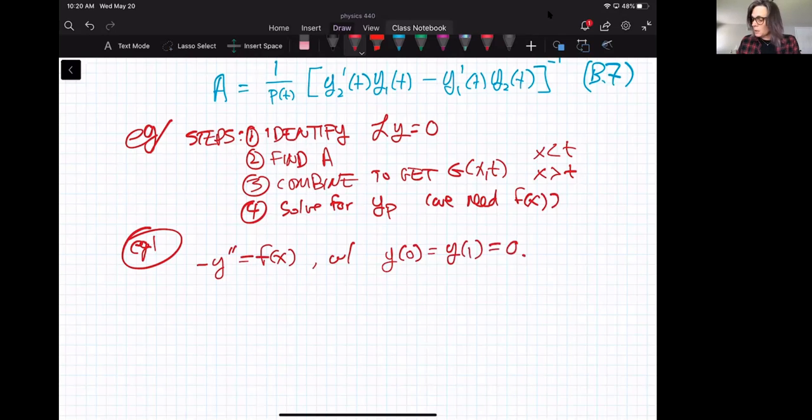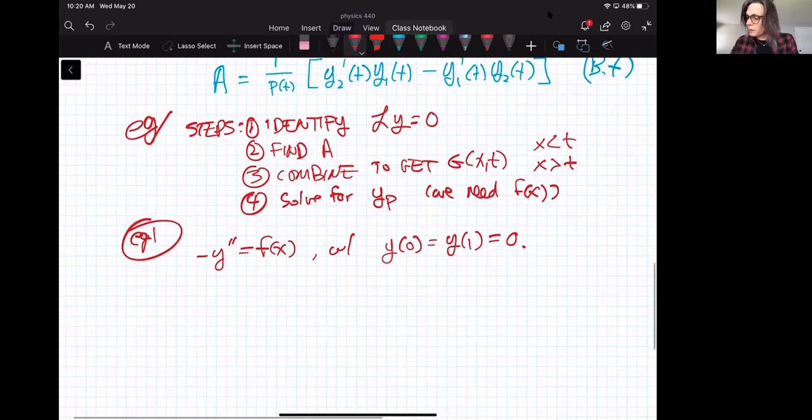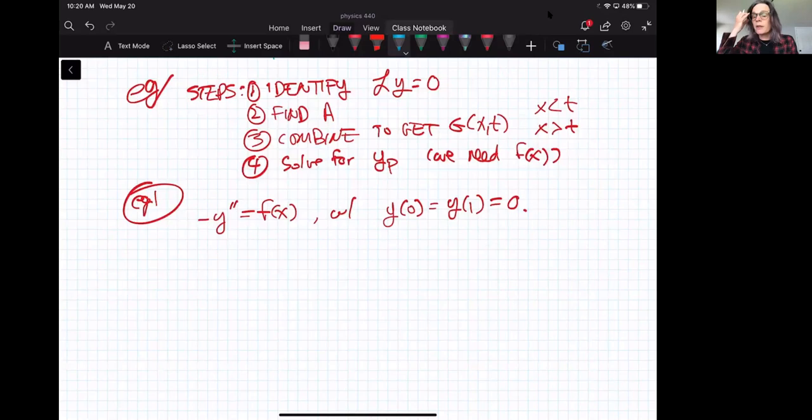Okay, so a fairly straightforward problem in that our first step is to identify what the homogeneous equation is, right? So we go with step 1. We want to know what that is. Well, that is just y double prime of x is equal to 0.